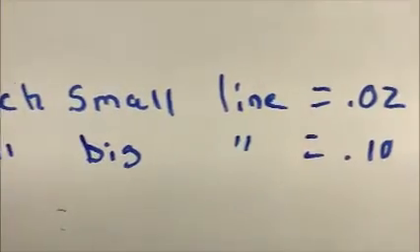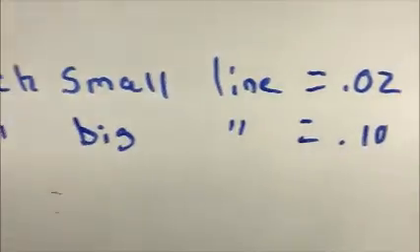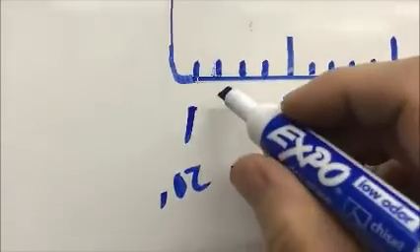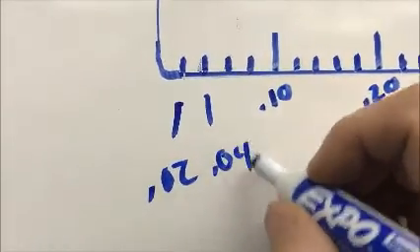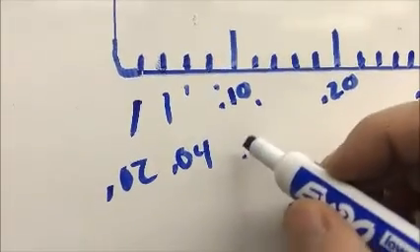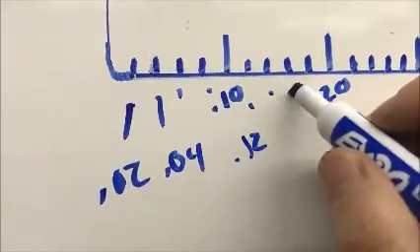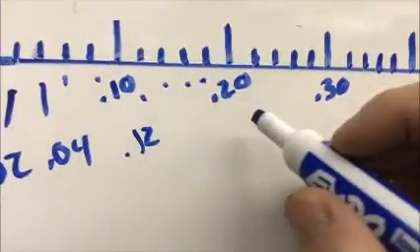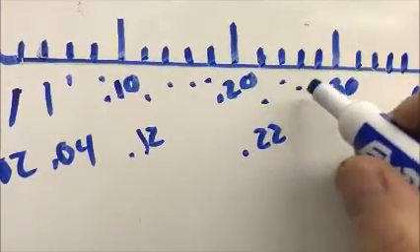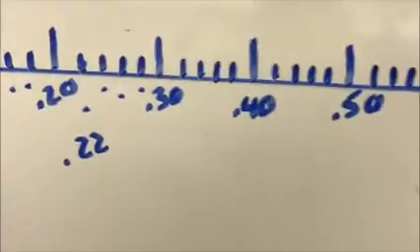So each small line equals 0.02, and each big line equals 0.10. So here, 0.02, 04, 06, 08, 10. Then 12, 14, 16, 18, 20. This here would be 0.22, 0.24, 26, 28, 30, and so forth.